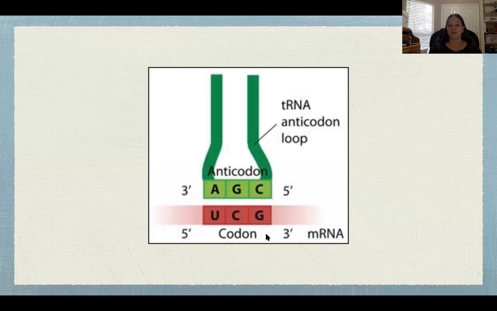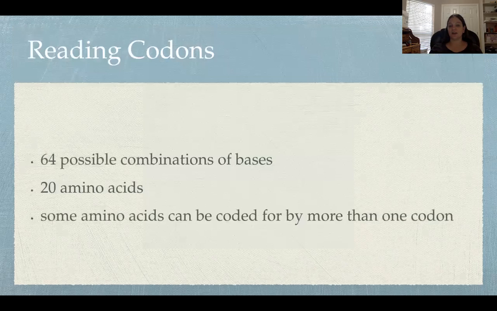So if your mRNA says UCG, U pairs with A, C pairs with G, G pairs with C. So they're complementary. And then this anticodon matches a particular amino acid. The other end of the tRNA is specifically made to fit a particular amino acid, and so it can bring in the correct amino acids.